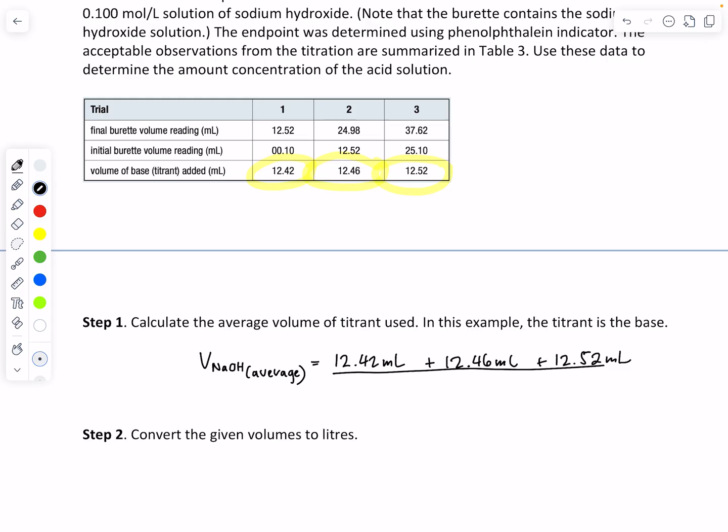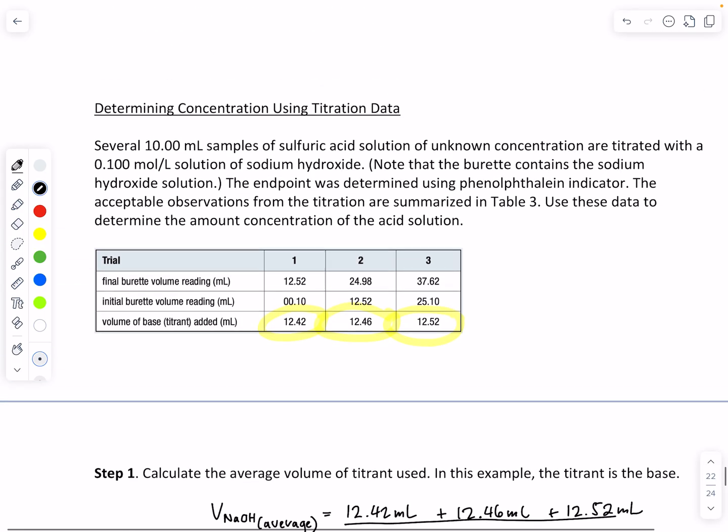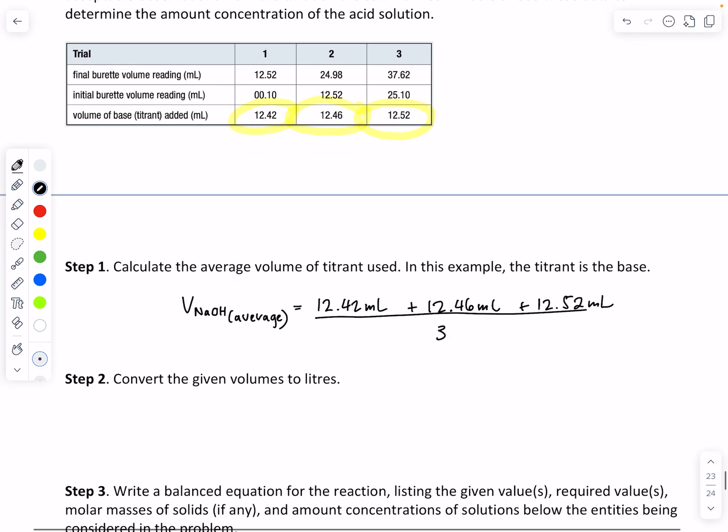The difference in these values most likely relates to human error and our inability to stop the drops from falling in precisely. We'll divide this by 3 to get our average sodium hydroxide value of 12.47 milliliters.